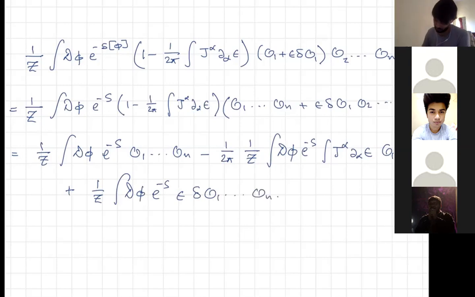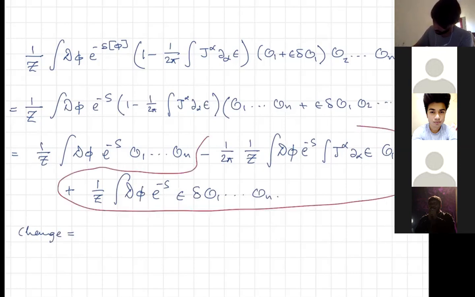So the change is going to be given by these two terms, and as we had said before, the change has to be equal to 0.